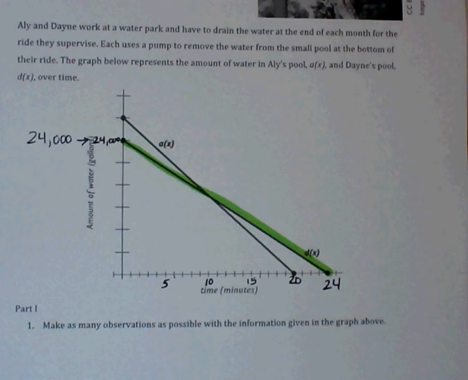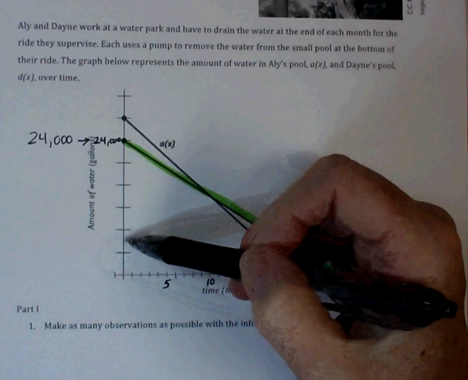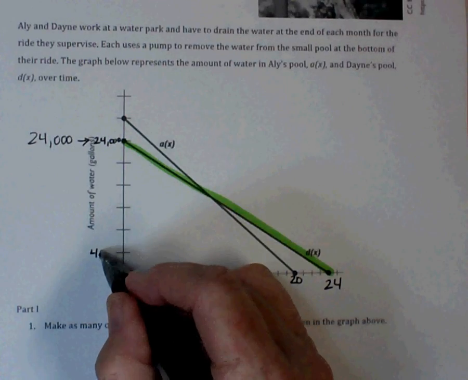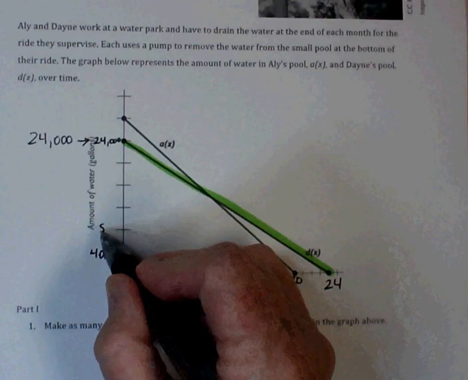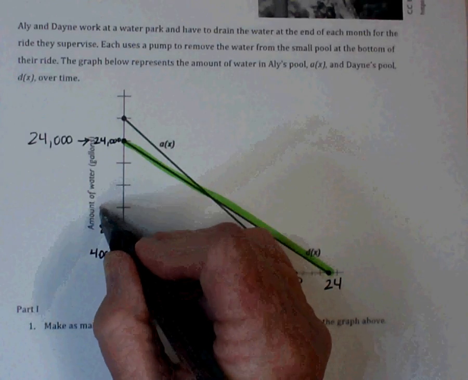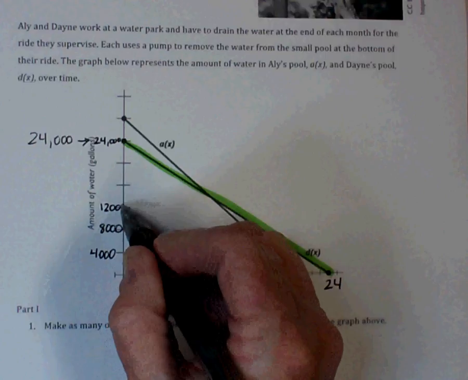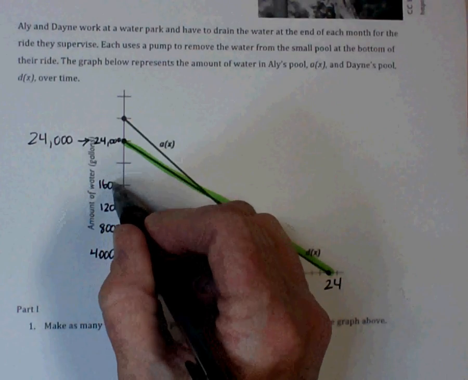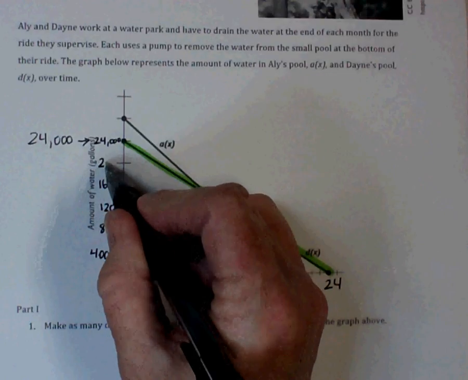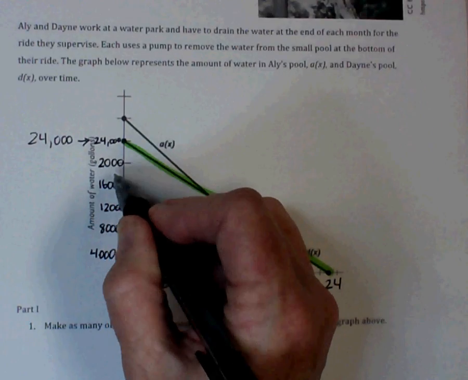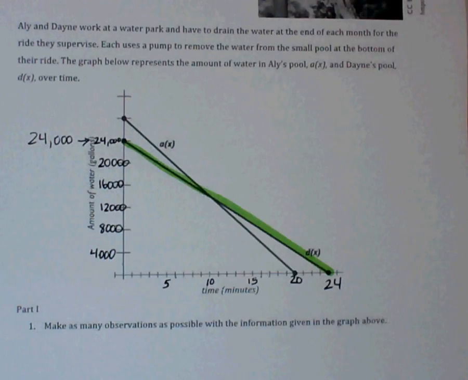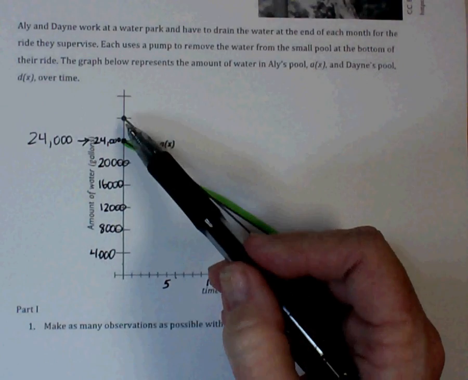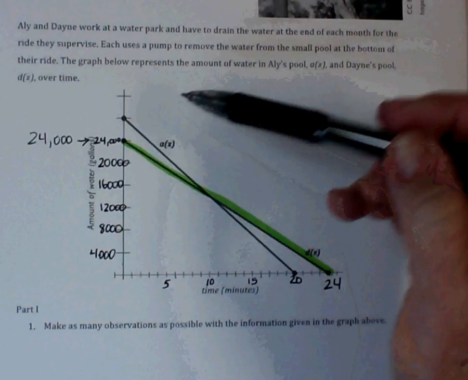Okay, and then we divided by 6, 1, 2, 3, 4, 5, 6 spaces, and it worked out 4,000, 8,000, 12,000, 12 plus 4, 16,000, 20,000, 24,000. And if we add 4,000 more, so this is something some of you didn't get to yesterday, last time we were working on it.